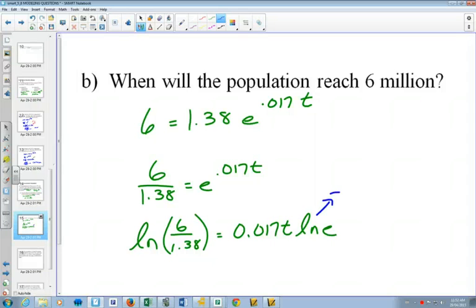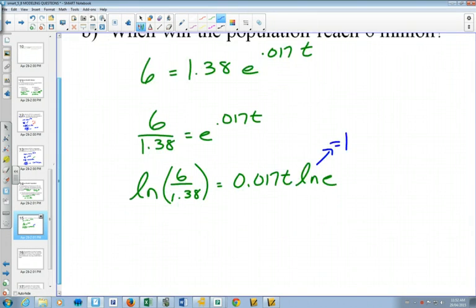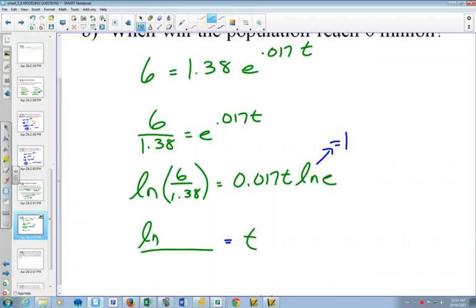And of course, we know the natural log of e is equal to 1. So dividing both sides by 0.017 should give us the time. 86.5 years.